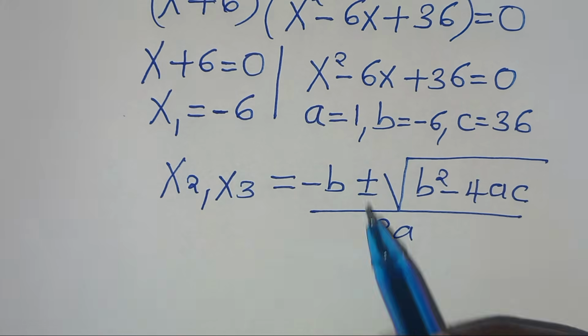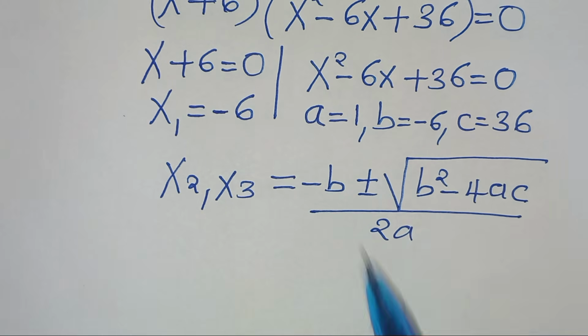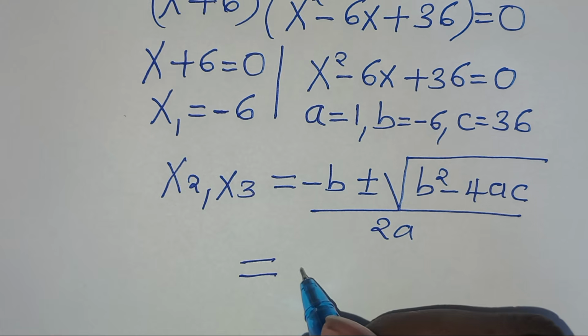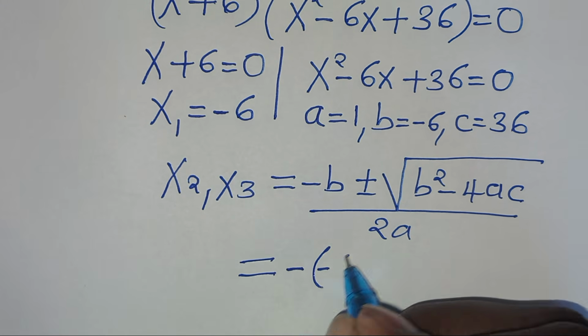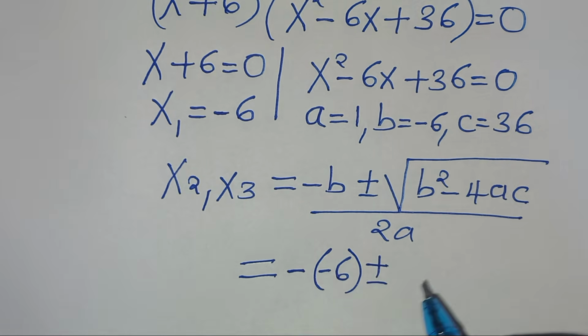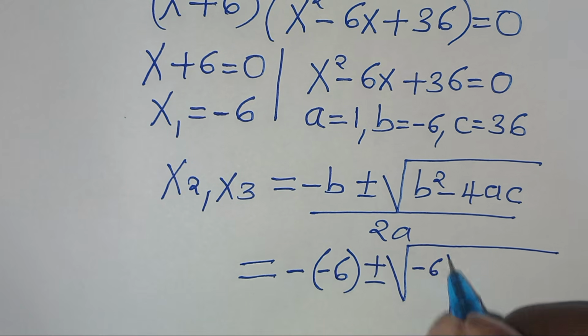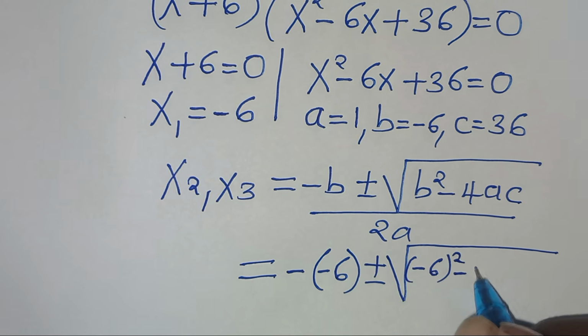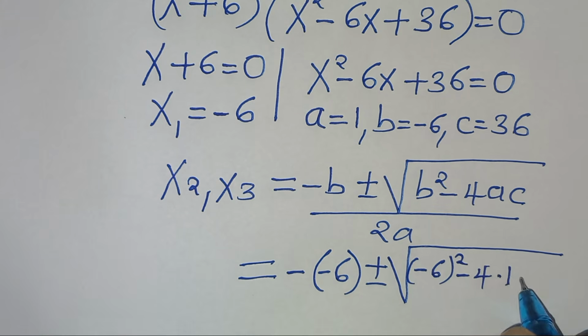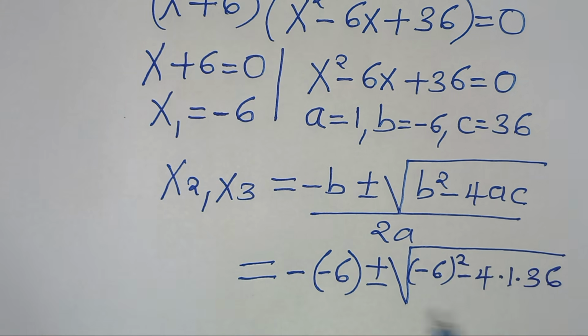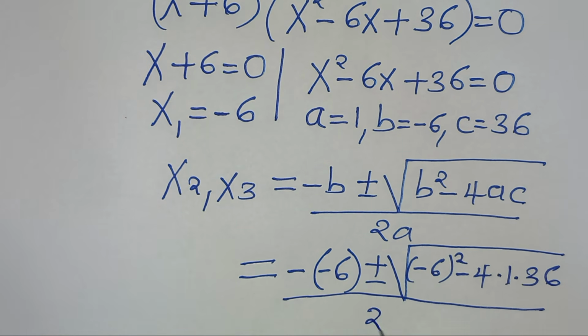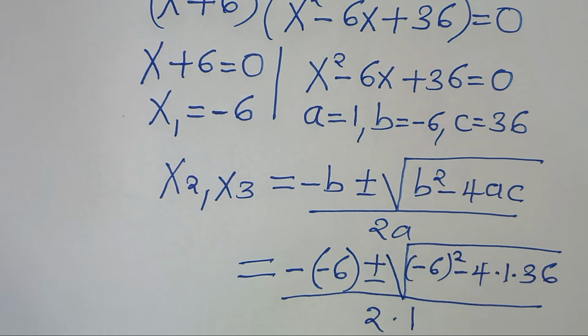So let's substitute the values of a, b, and c into this formula. So we have minus negative 6 plus or minus the square root of (negative 6)^2 minus 4 times 1 times 36, everything divided by 2 times 1.